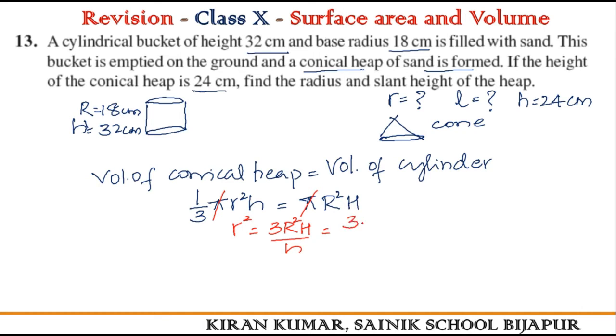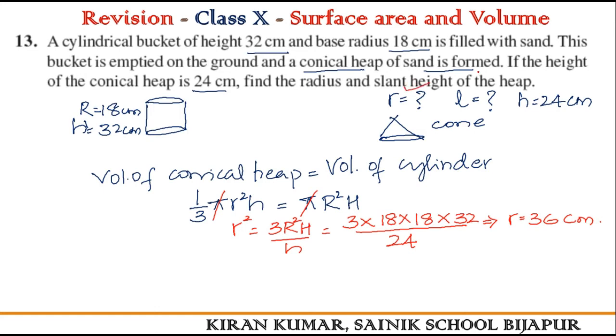Let's substitute: 3 times r square is 18 square, which is 18 times 18 into the height is 32 divided by the height of the cone, which is 24. Here 3 8 times, 8 4 times, so further it is 18 multiplied to 18 multiplied to 4. On taking the square root, I'll be getting 36 centimeter.